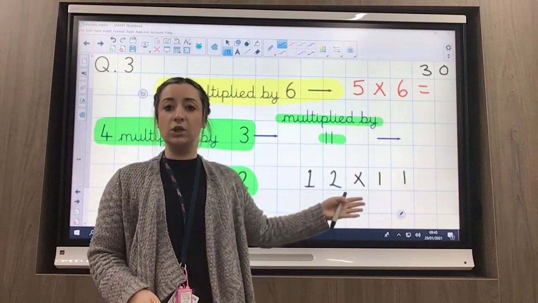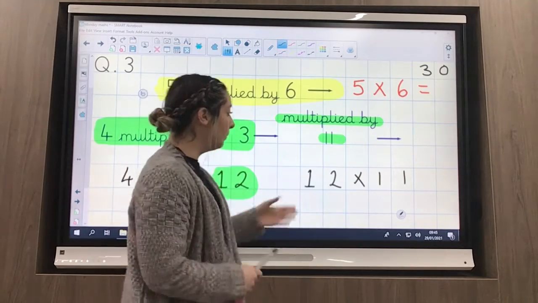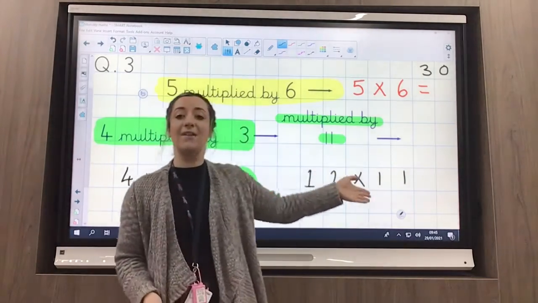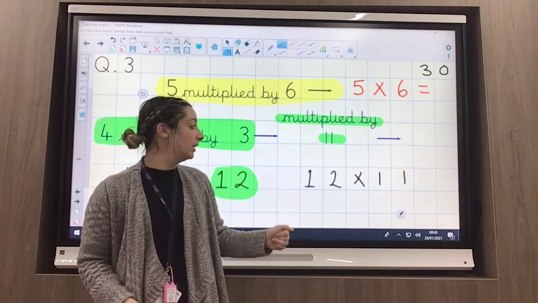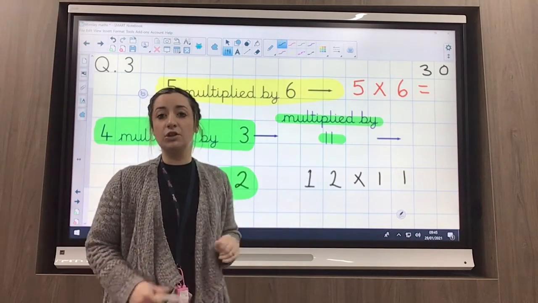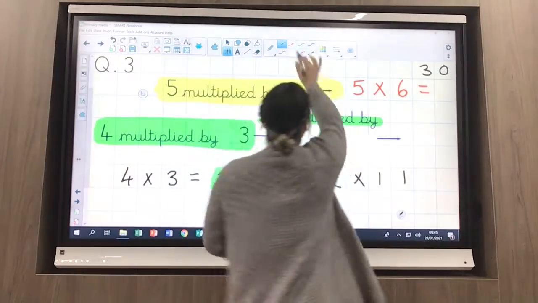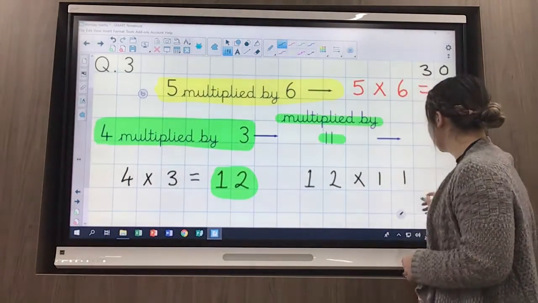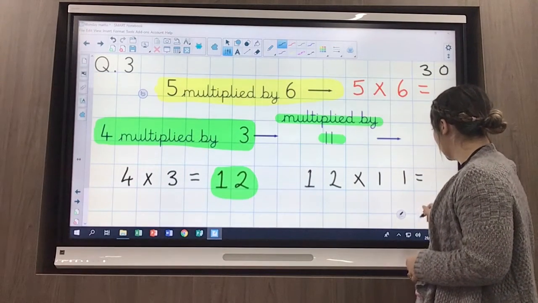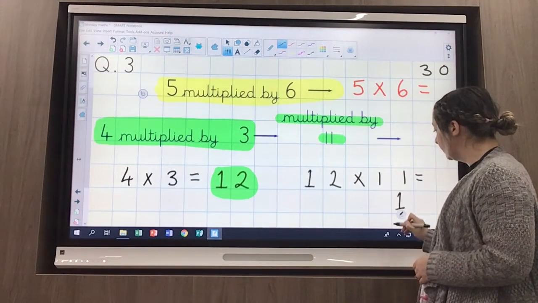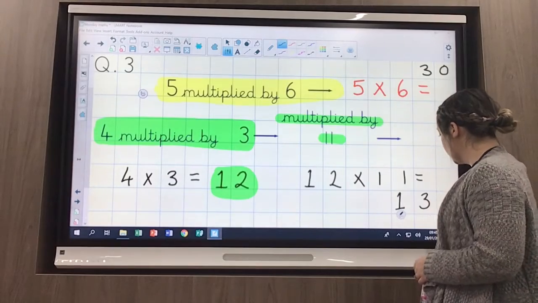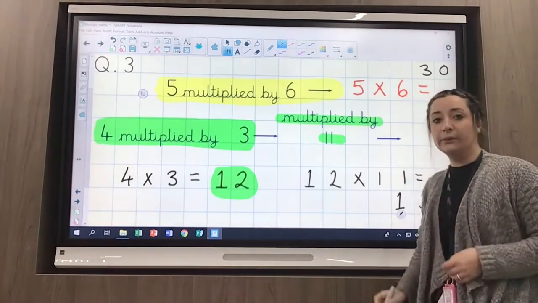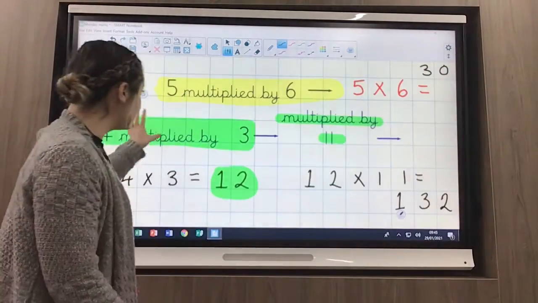So we know 11 squared is 121, but we need to have another set of 11, because 11 squared would be 11 times 11. So adding another 11 onto 121 would find me what answer? Can somebody tell themselves the answer before I write it down? So I'm going to have the answer as 132.